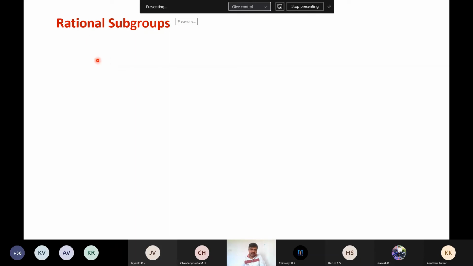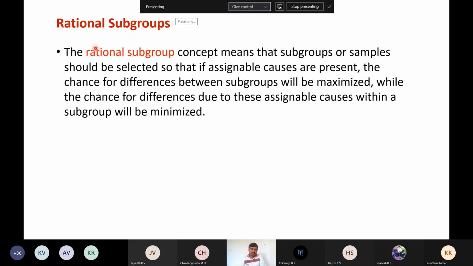We will understand it in a better way by discussing a few aspects. The rational subgroup concept means that subgroups or samples should be selected so that if assignable causes are present, the chance for differences between subgroups will be maximized, while the chance for differences due to these assignable causes within a subgroup will be minimized.